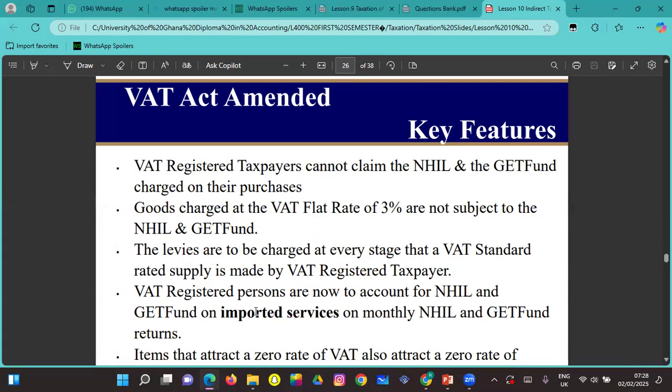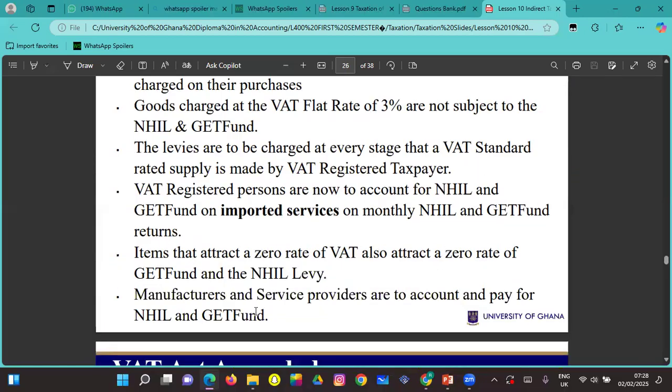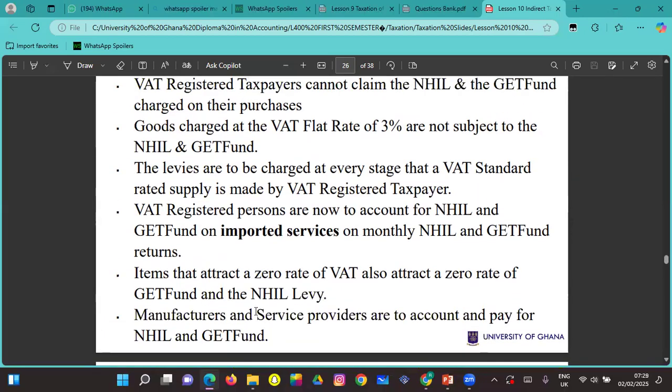You also have goods charged at the VAT flat rate of 3%, which are not subjected to the NHIL and GETFund. So the wholesaler charging the 3% is not to also charge NHIL and GETFund again. The levies are to be charged at every stage that a VAT standard rated supply is made by the VAT registered taxpayer.